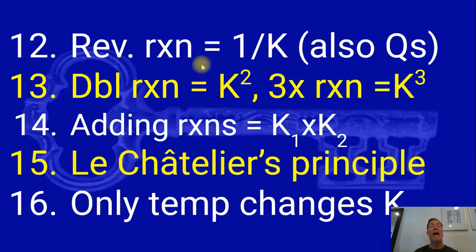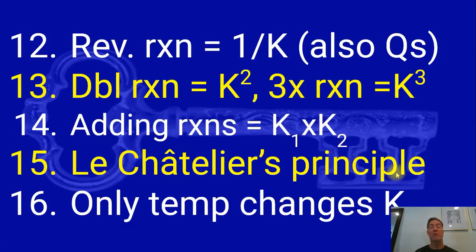If we reverse a reaction, it's the same as inverting our K and our Q values. If we double the reaction, it's the same as squaring our K and Q values. Triple the reaction, we cube our Q and K values. If we add reactions together, we multiply the K values of each of the individual reactions.